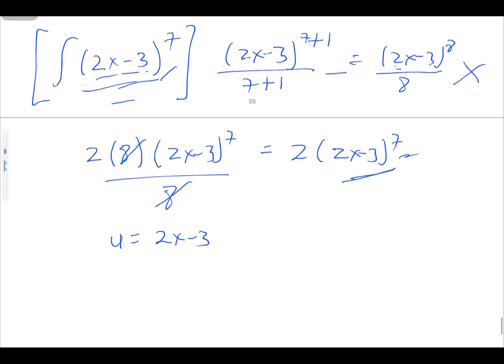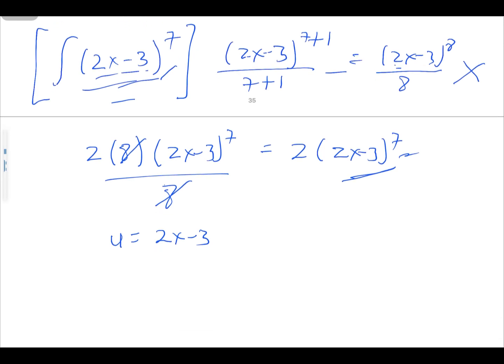This representation, u equals 2x minus 3, replacing the bracket here, is what we call the u substitution. As I said earlier, we can use it to represent some complex functions to make the integration easier and faster.